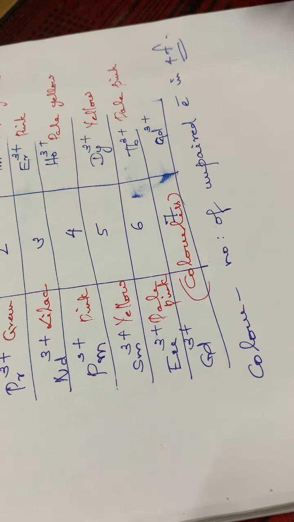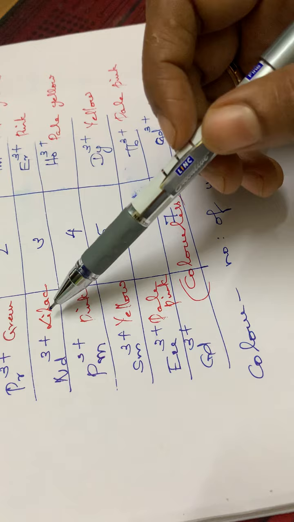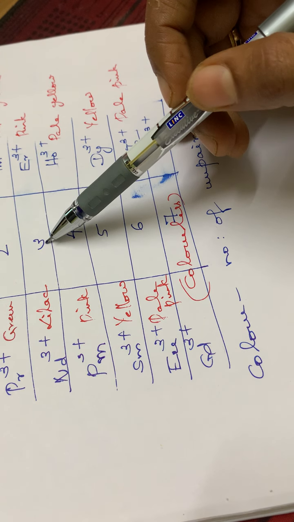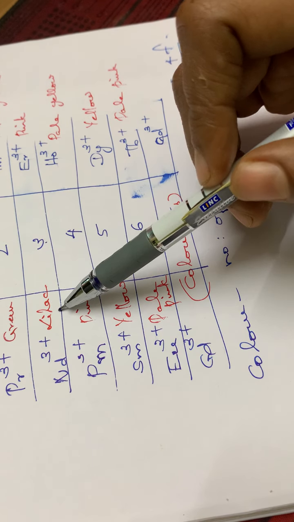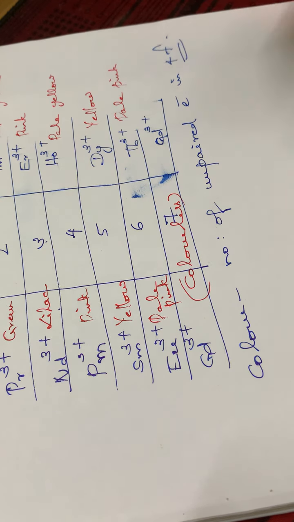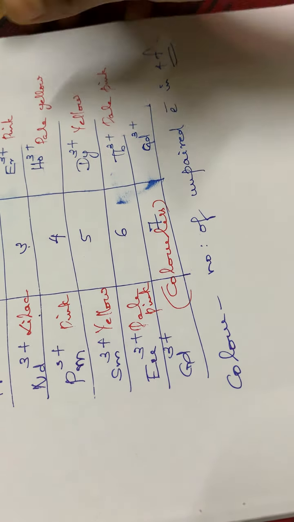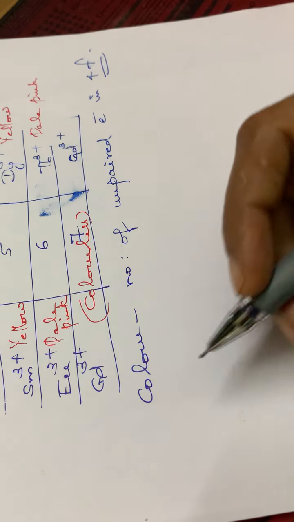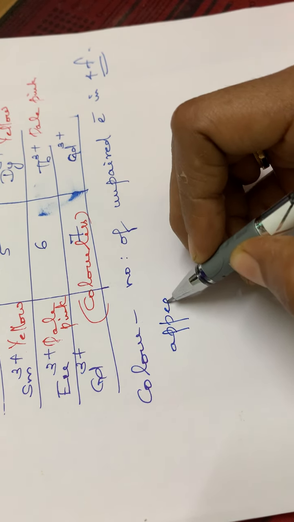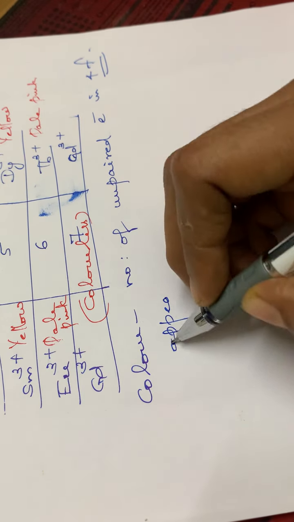So this is the color by which the compounds are existing. Even though the number of unpaired electrons is the same, the compounds may exhibit different colors. See, for 3 unpaired electrons, neodymium shows lilac color, but erbium shows pink color. And see how a compound shows color.